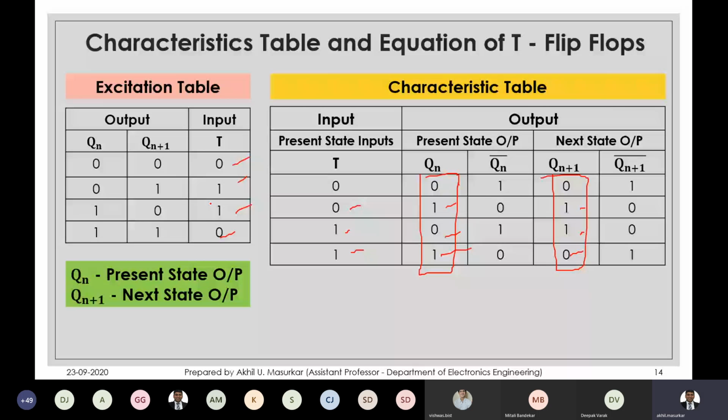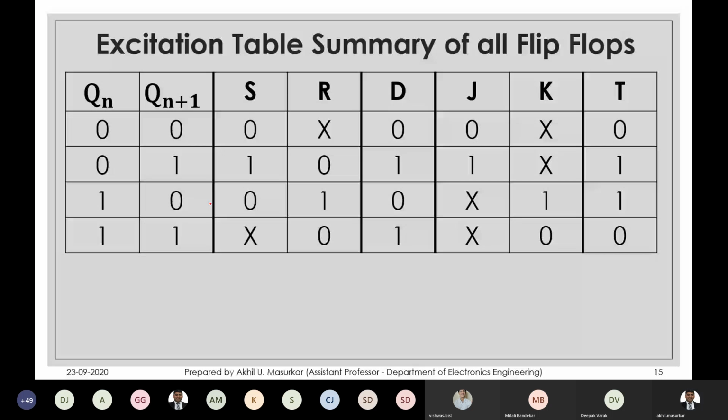So this is the summary. So please note it down. And this is only what we will see when we want to do the conversions. We will not look at the characteristic table. We will not look at characteristic equation, nothing. We will look only at the excitation table when it comes to higher analysis. So that is why this is the summary of everything.